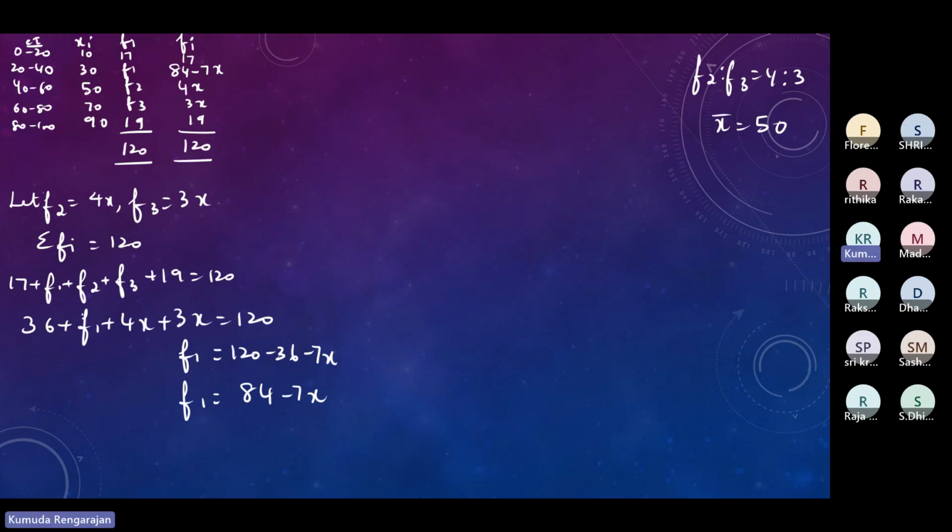First one is 17, then F1 is 84 minus 7x, F2 is 4x, F3 is 3x, and the last one is 19, the total is 120.